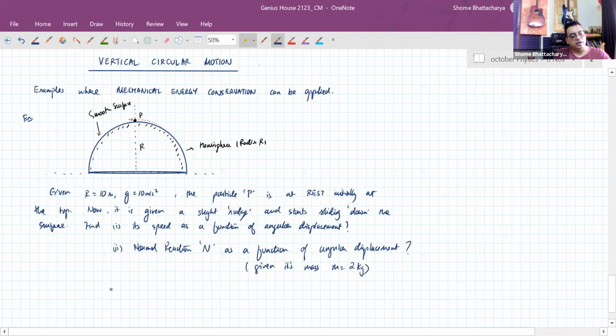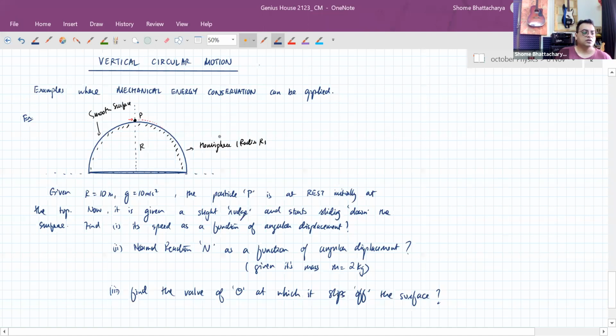Okay. And third, find the value of theta at which it slips off the surface. As you will understand intuitively, it will not come to the bottom of the hemispherical surface. It will not reach this bottom position in contact.